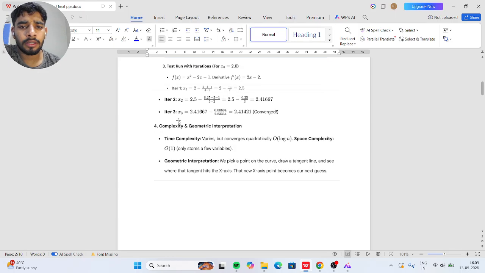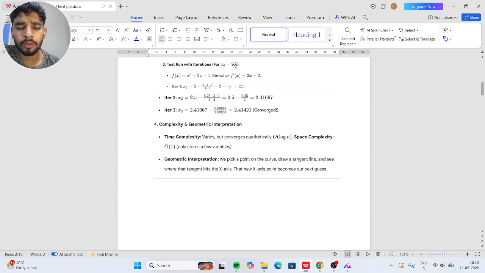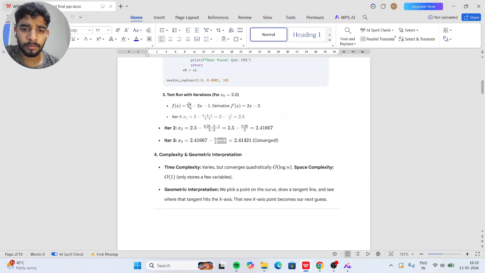Now for a test run, for x0 equals 2, f(x) = x² − 2x − 1 and the derivative f'(x) = 2x − 2. For iteration 1, x1 equals 2 minus f(x)/f'(x).